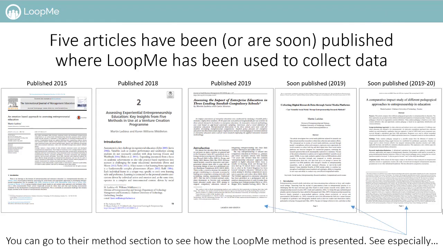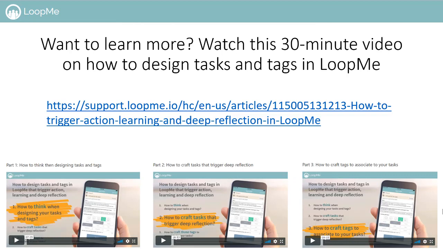If you want to learn more about how LoopMe works for research, I've written so far 5 articles about this. If you want to see how I presented the LoopMe method, you can go to the method section in these articles. If you want to learn more about how to design tasks and tags, there is a 30-minute video on how to design tasks and tags in LoopMe that I really recommend you to watch.